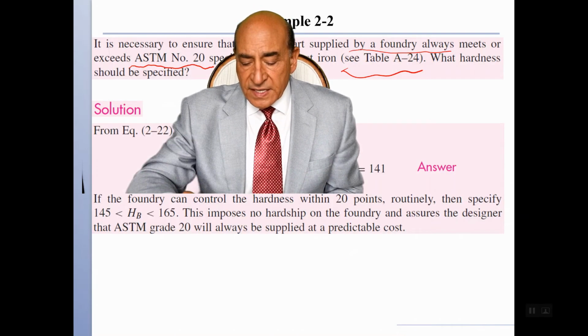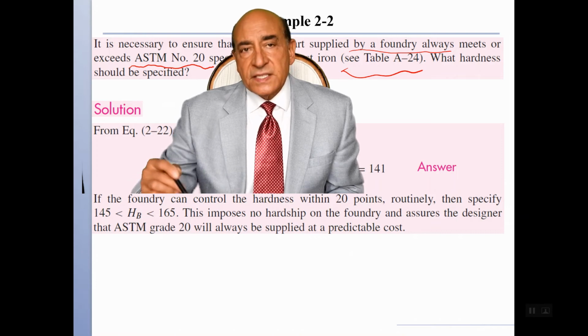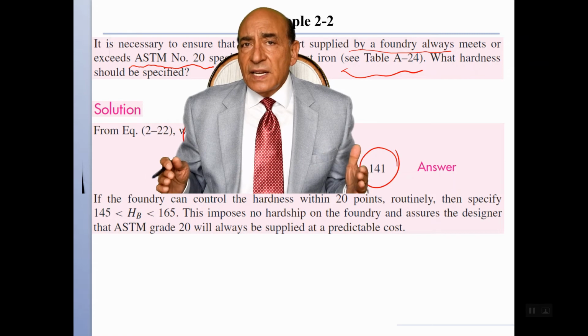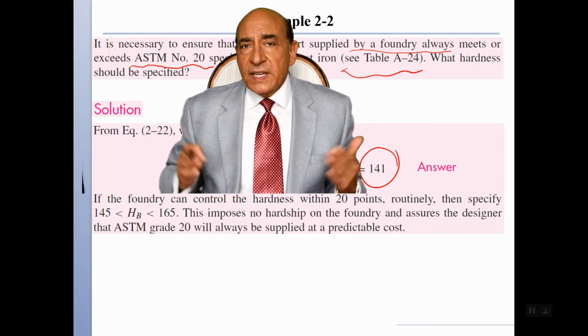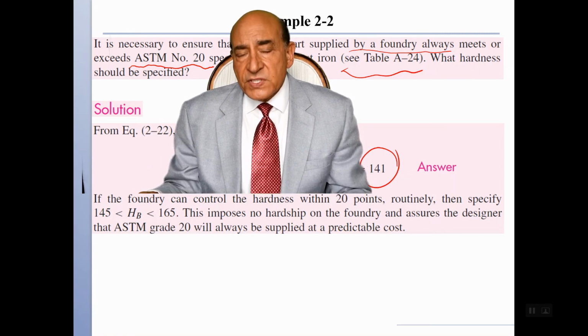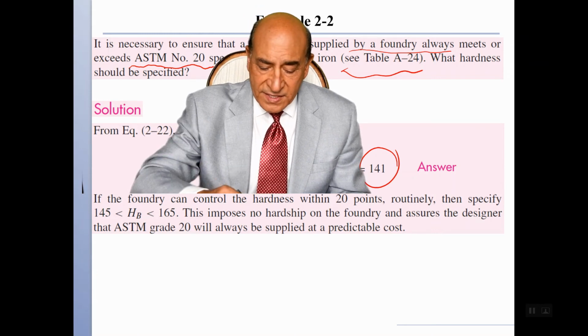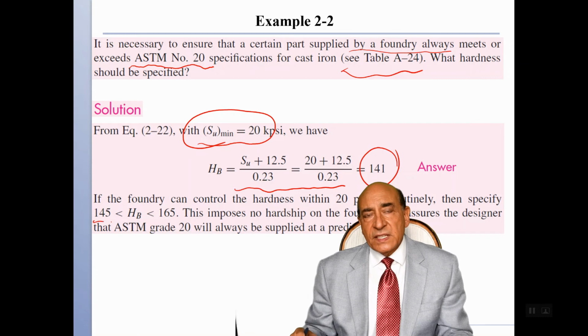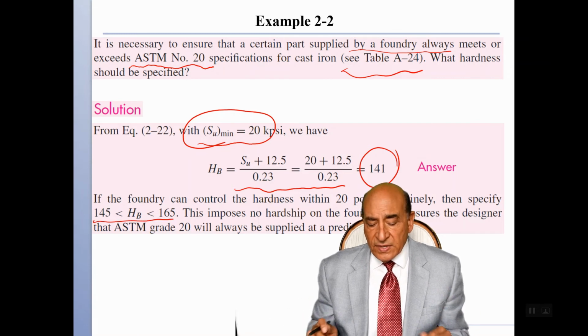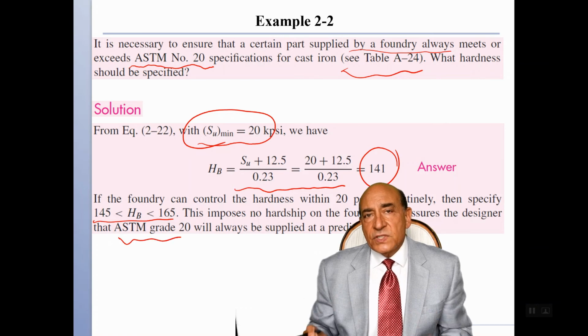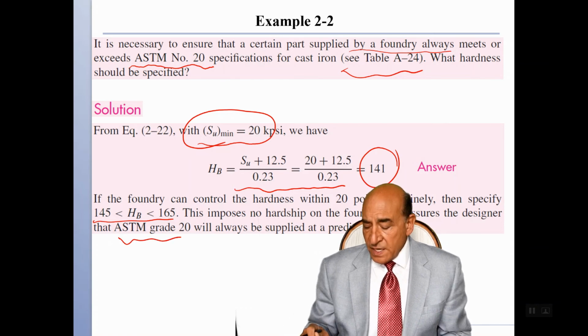And in this case, when we do the calculations, it's 141. So any Brinell number above 141 will guarantee that the ultimate strength of the cast iron is 20 KSI. And in this case, it is acceptable to be in the range 145 to 165, and that would be ASTM grade 20, meaning that the ultimate strength is 20 KSI.